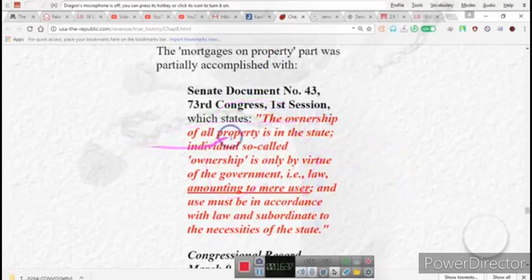Remember, the ownership of all property is in the state, and so-called ownership is by virtue of the government, i.e., pay attention. That means that when you do the land patent, you receive the patent from the government, Bureau of Land Management, and what you do is you now place that patent on the record.